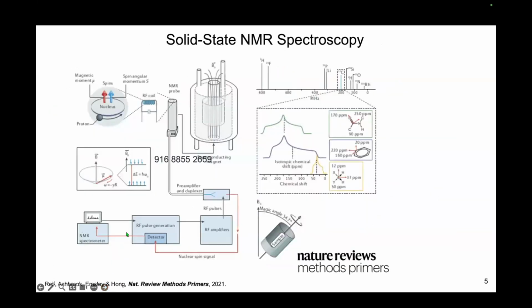My lab develops and applies solid-state NMR spectroscopy methods to study membrane proteins as well as other disordered systems. In NMR, what we do is detect the oscillatory response of atomic nuclei that carry non-zero spins to resonant irradiation of radio frequency pulses in a large magnetic field.